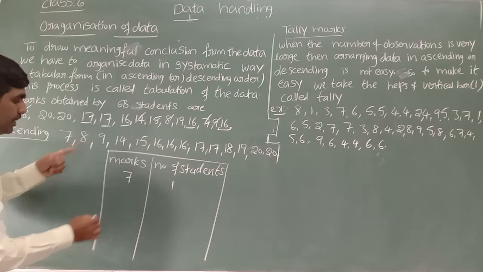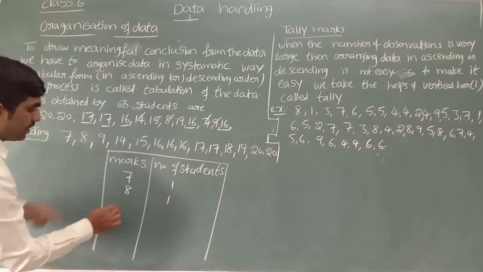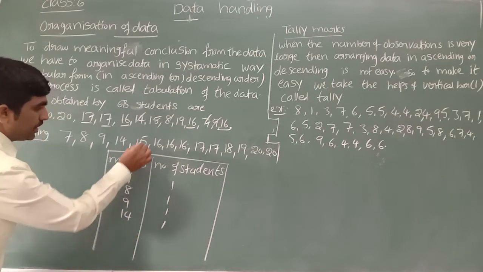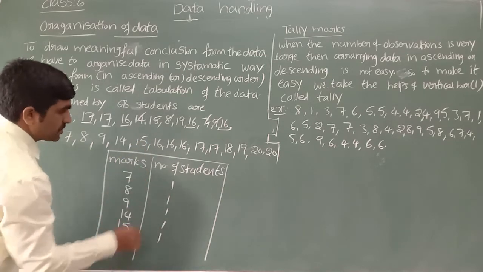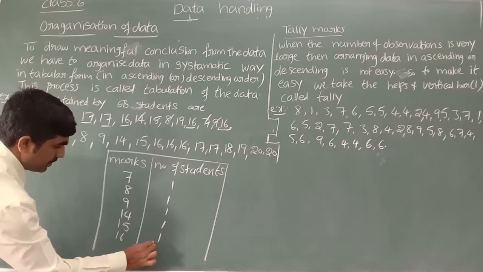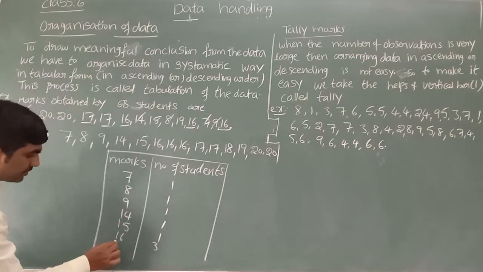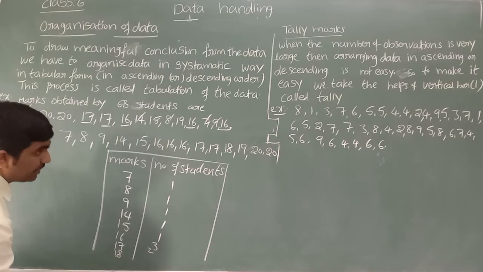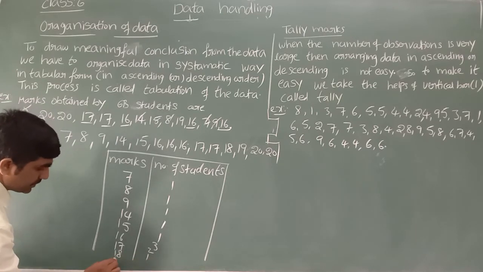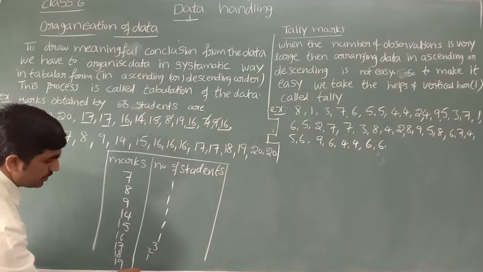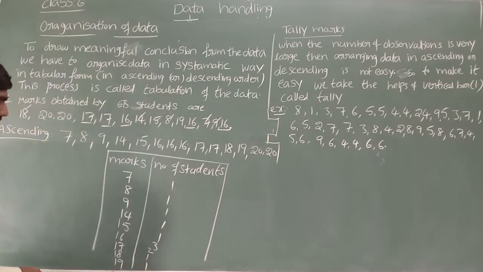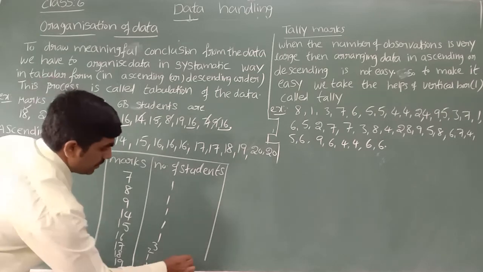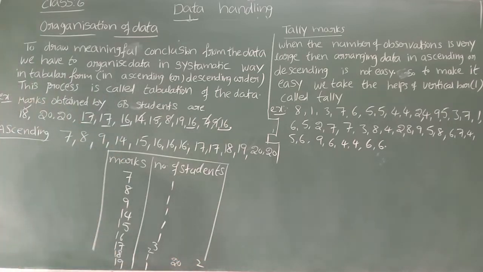Only one student. 8 marks, only one student. 9 marks, only one student. 14 marks, one student. 15, only one student. 16, 3 students. 17, only 2. 18 is 1. 19 is 1. And 20, how many got it? 2 members.